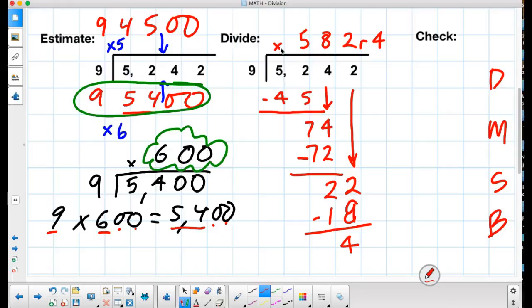Let's check it out. I have a partial quotient of 582. I've got my divisor. And I'm going to multiply. How many of you got to this point?